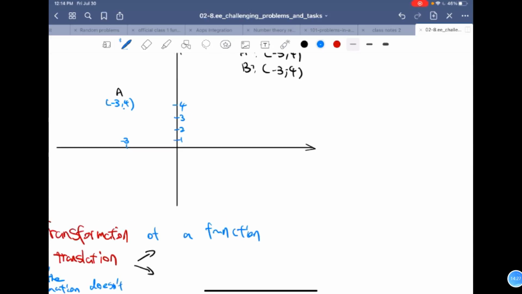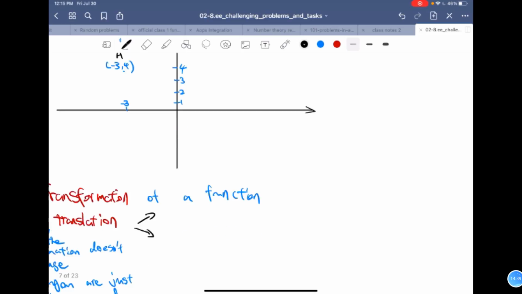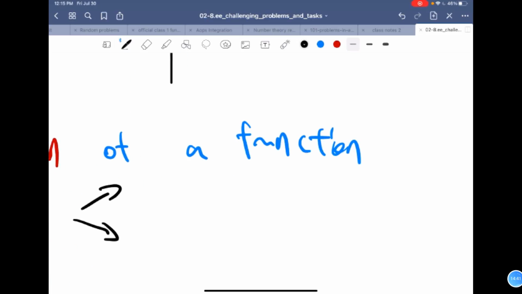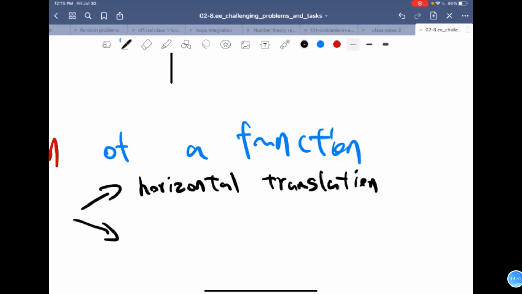What are the two directions involved with translation? Up and down and left and right. Alright, so in mathematical terms we call this horizontal translation and vertical translation.